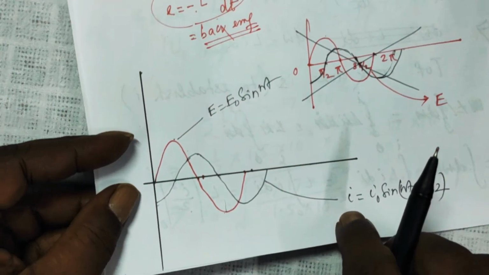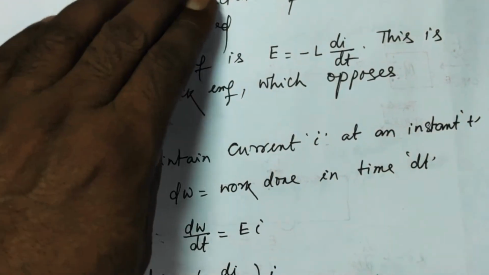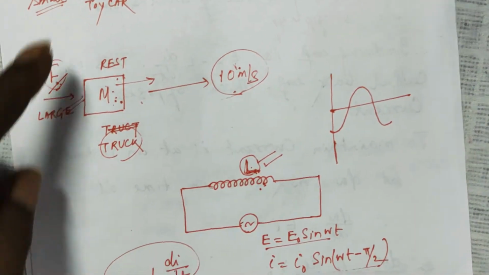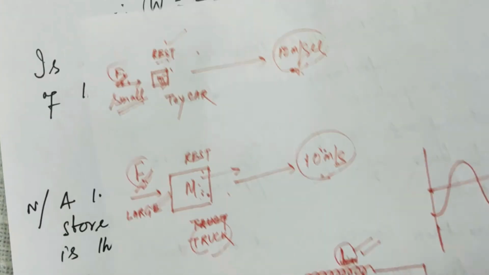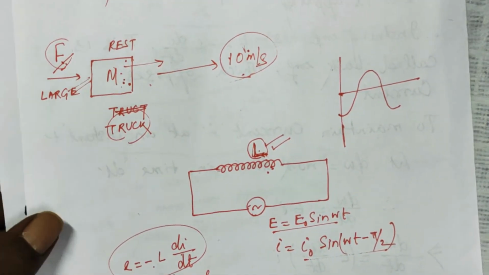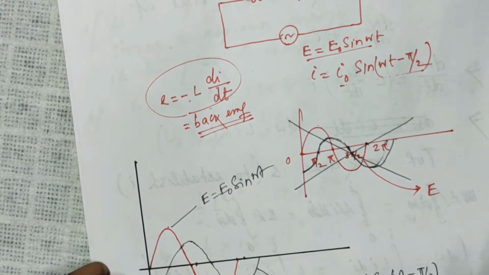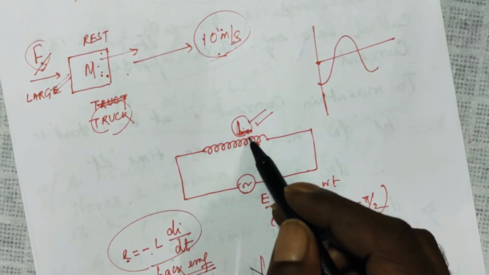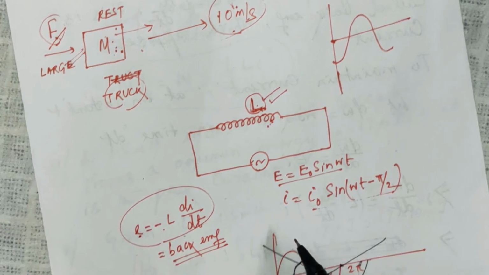Now, let me explain this diagram and then come back to the original derivation of this lesson. All these things I'm explaining, you don't have to write while writing this theory part. This is for your explanation only. Now look at this expression for the EMF developed by the self-inductor when the current is growing or decreasing.